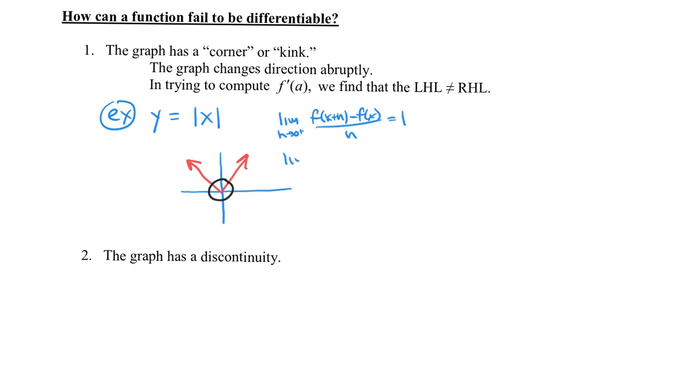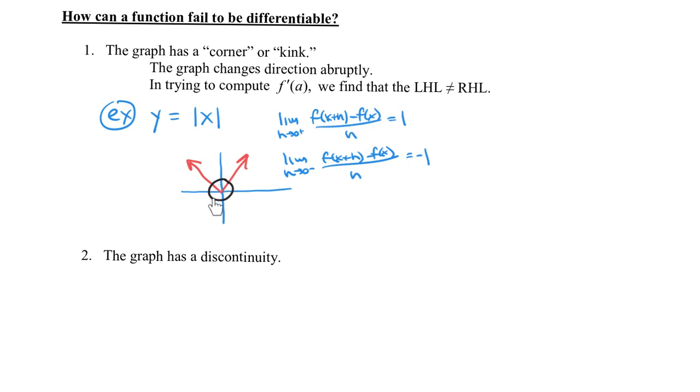But if I take the limit as h approaches 0 from the left of f of x plus h minus f of x all over h, now I'm coming in this direction, that limit is negative 1. So we're in this case right here. The limit as h approaches 0 just does not exist.